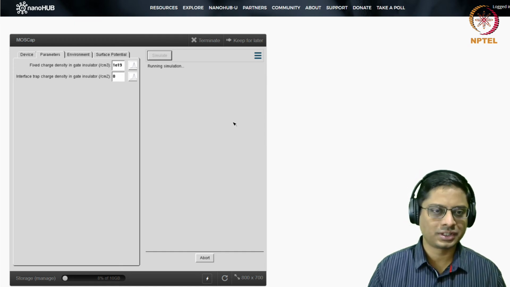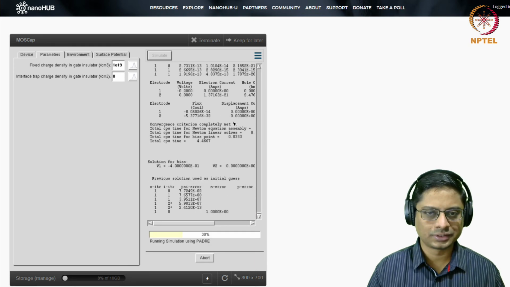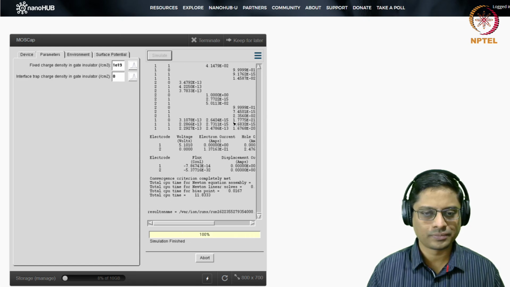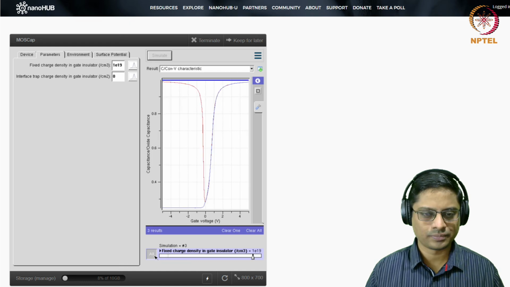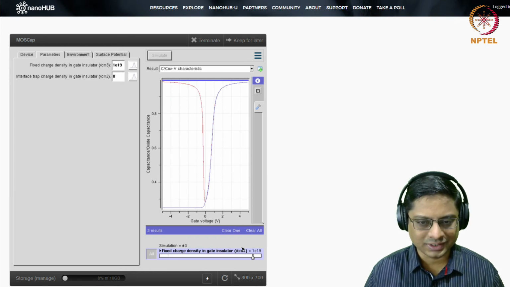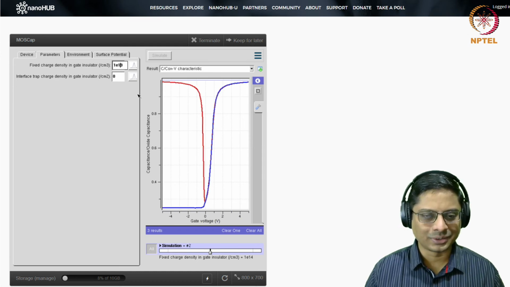It's a volume charge; 10 power 12 interface charge would have been enough. Something went wrong. This charge is too high. The CV has completely broken off because this is too high. I should not have done that.